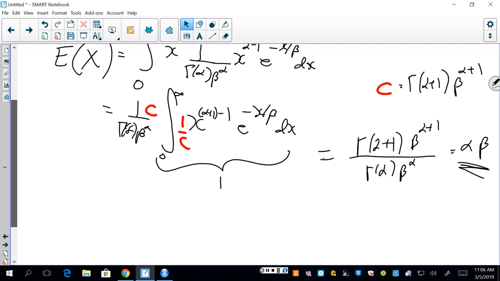It turns out that if you go through the expected value of the square term, you can do it kind of the same way. The variance equals alpha times beta squared for this one.